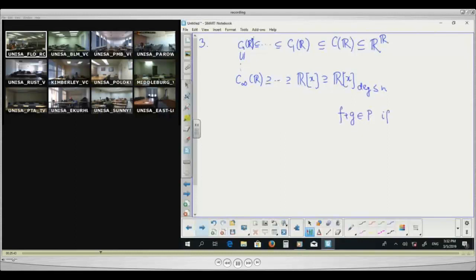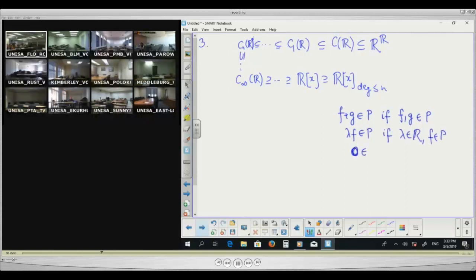Closed under sum and scalar multiplication. Remember, the technique was: you are given the vector space, somehow put it inside as a subset of a bigger vector space.